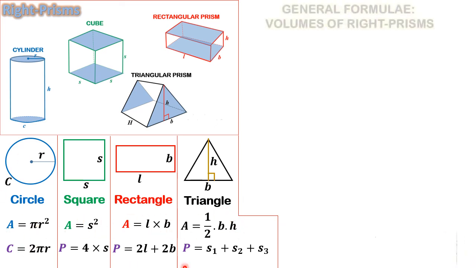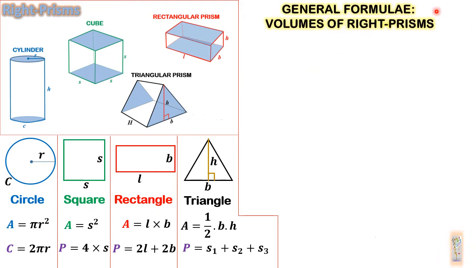Okay? Now let's check the general formula for volumes of all prisms. So the general formula is given by volume will always be equal to the area of the base. And remember, the base of a prism that is correctly orientated, a right prism, means the top part and the bottom part are identical.